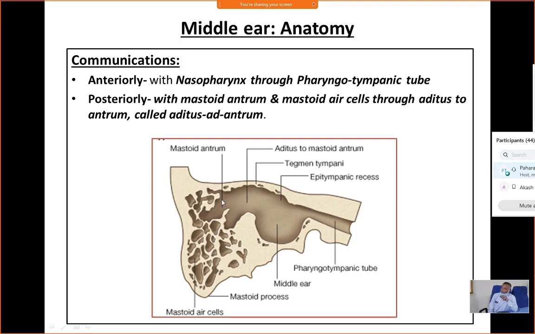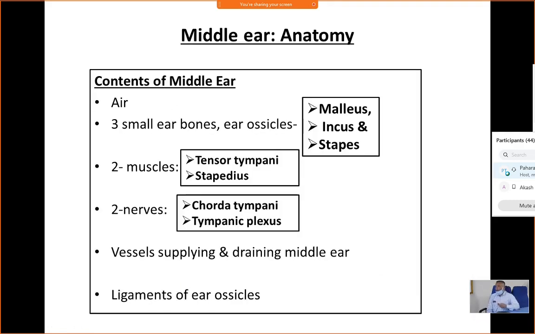Posteriorly there is an opening called the aditus to the mastoid antrum. Posteriorly we have the mastoid bone, and inside it there are mastoid air cells. So through the posterior wall the middle ear cavity communicates with the mastoid antrum and mastoid air cells through the opening called the aditus to the mastoid antrum.